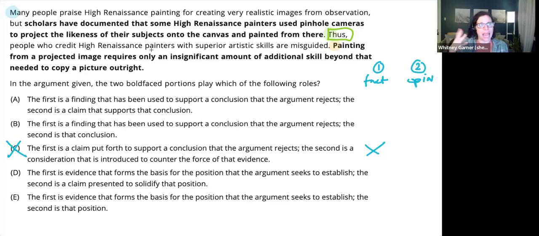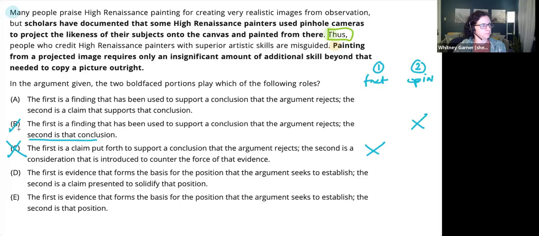It's kind of an add-on. Painting from an image requires only an insignificant amount of additional skill beyond that needed to trace it. And so it can't be the conclusion. It will be something that works either for the conclusion or something along those lines. So we can get rid of B.